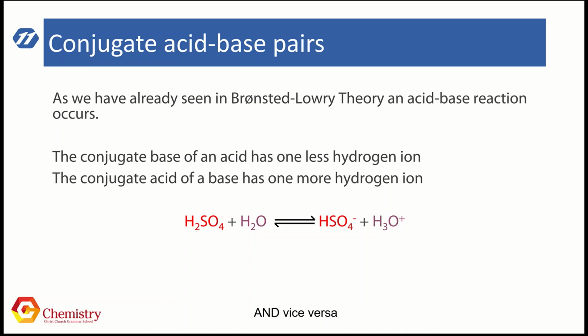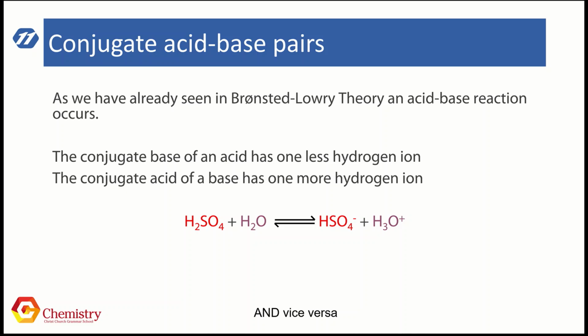HSO4 minus is acting as a base going from right to left because it's accepting a proton to form H2SO4. So the hydrogens have gone up by one. So going from right to left, the hydrogen sulfate ion is a base and H2SO4 is its conjugate acid.